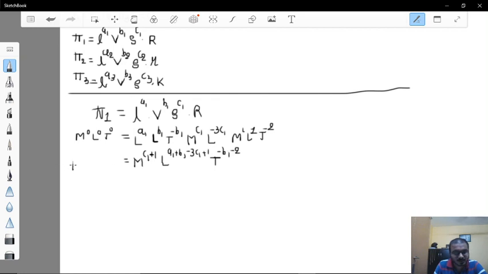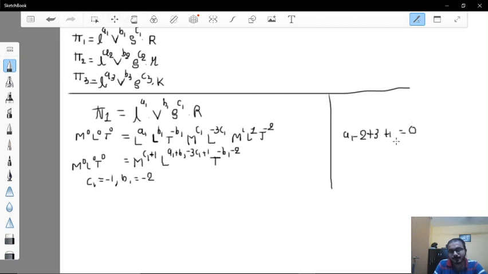Here we have M0 L0 T0. So we have obtained the value of C1 is equal to minus 1, B1 is equal to minus 2, and here we have A1 minus 2 plus 3 plus 1 is equal to 0.